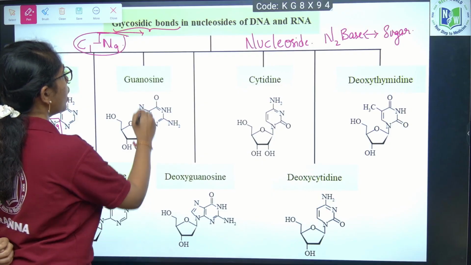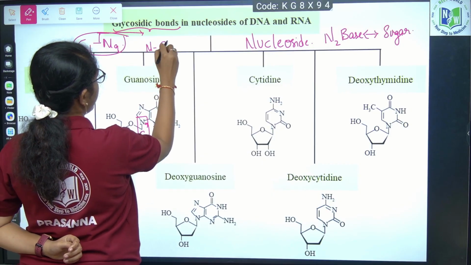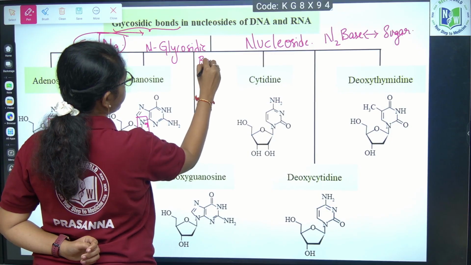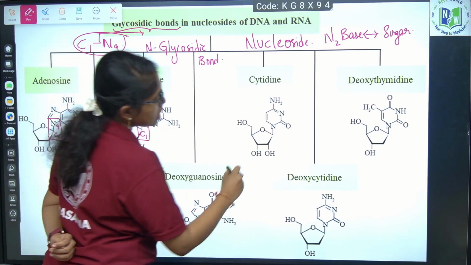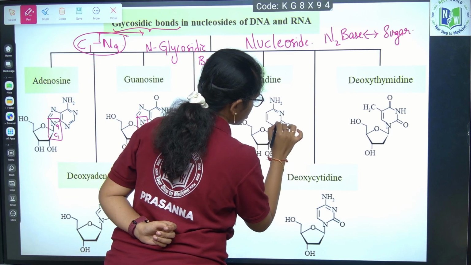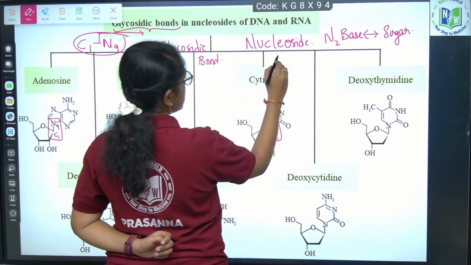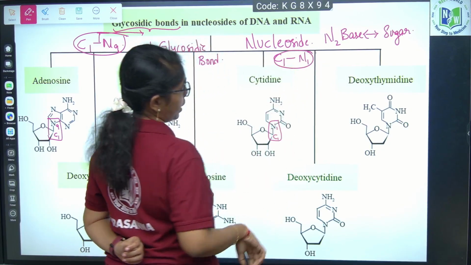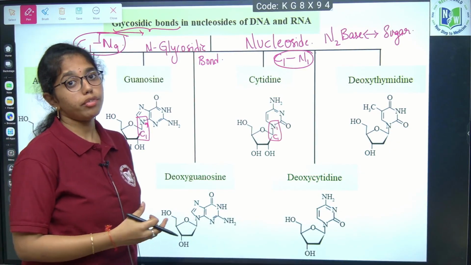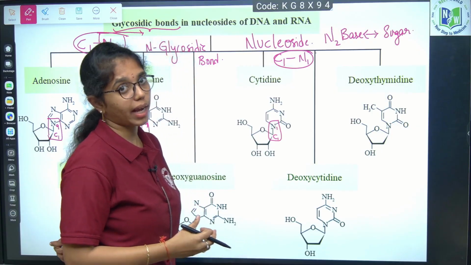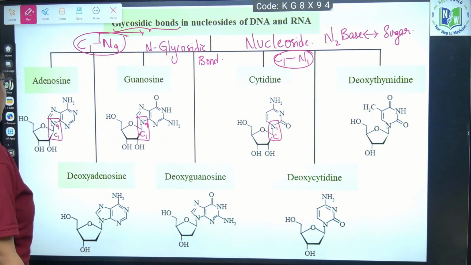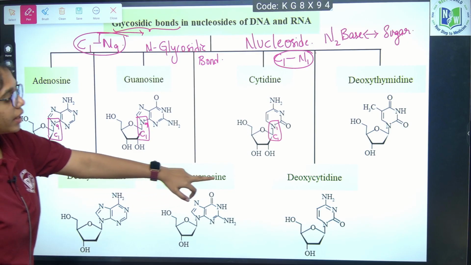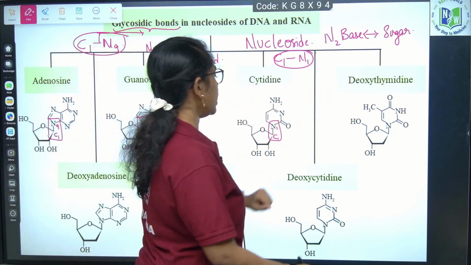We will call it the N-glycosidic bond. And in a pyrimidine, C1 of pentose sugar is attached to N1 of pyrimidine. As such, what types of nucleosides will you see in DNA and in RNA? In DNA you will see deoxyadenosine, deoxyguanosine, deoxycytidine and deoxythymidine.